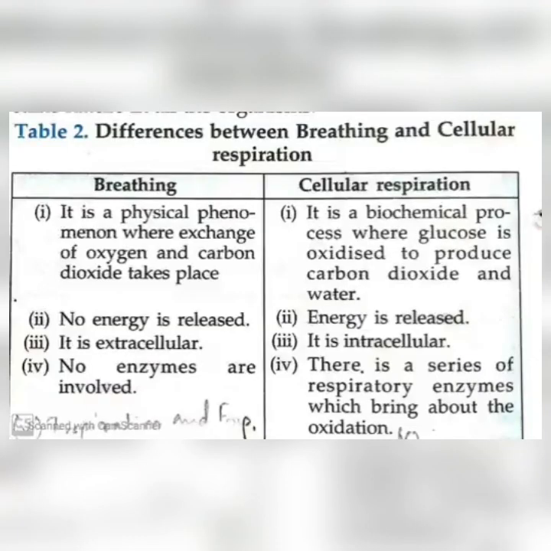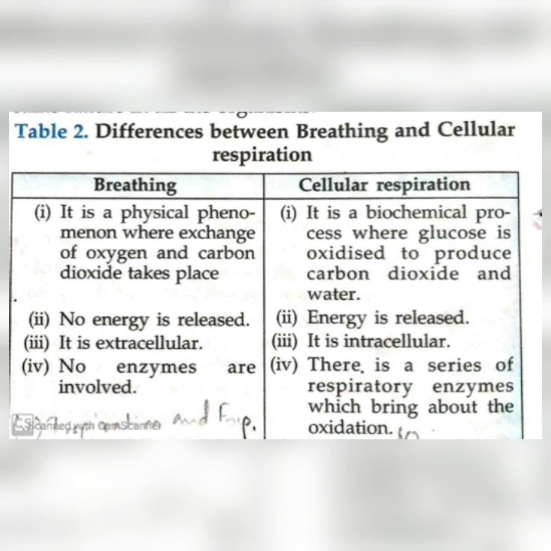So basically, what is the difference between extracellular and intracellular respiration? Breathing is an extracellular event and cellular respiration is an intracellular event. In breathing, no energy is released, whereas in cellular respiration, energy is released.